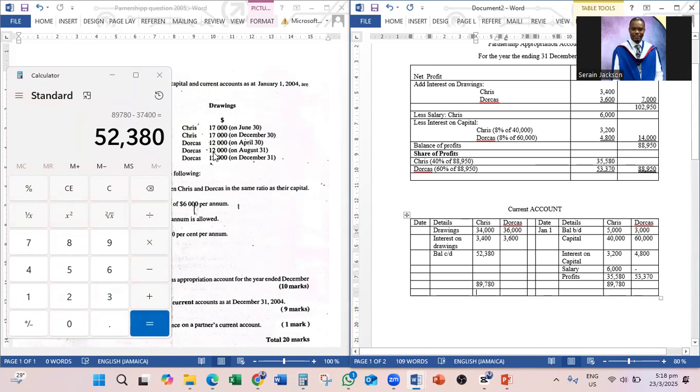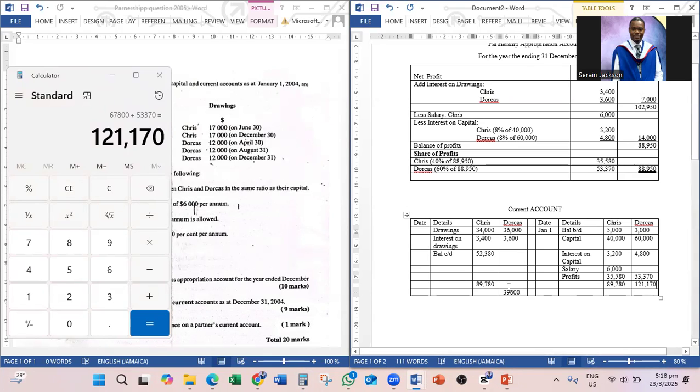Now we move on to balancing Dorcas's account. Let's use the debit side first: 36,000 plus 3,600 is equal to 39,600. Now let's calculate the credit side: 3,000 plus 60,000 plus 4,800 plus 53,370 gives us a grand total of 121,170.